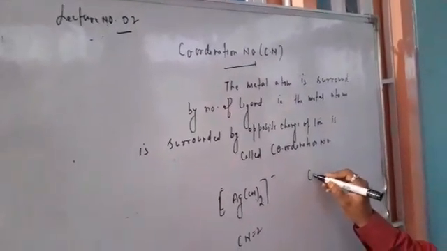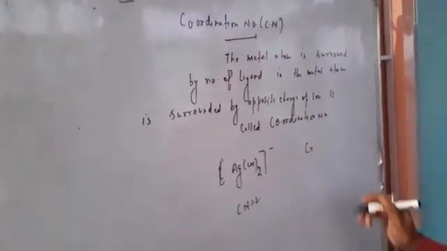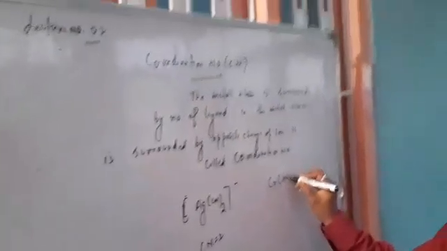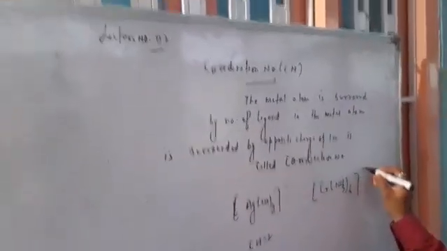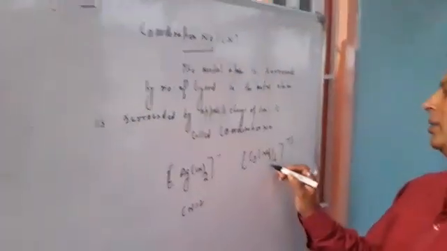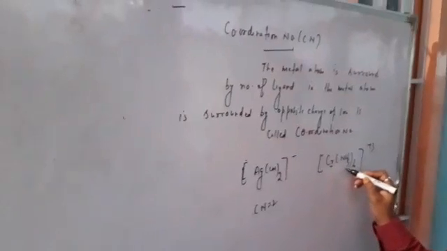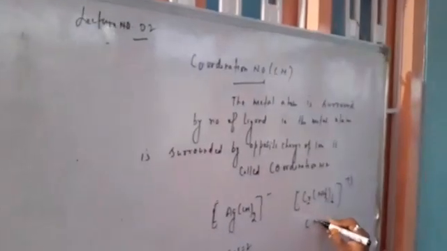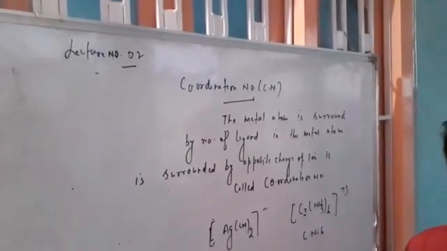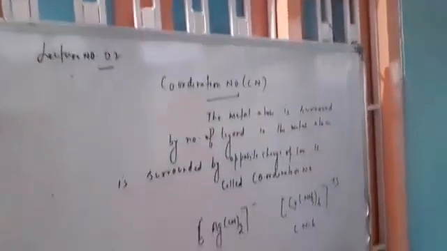Next is [Cr(NH3)6]3+, in which chromium is the central metal atom, which is surrounded by 6 ammine ligands, so its coordination number is 6.